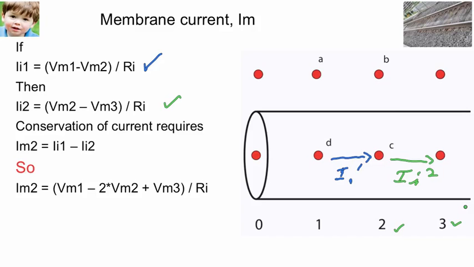Here's the thing. We know that in electricity, current is conserved. If it goes one place, it has to keep on going. It's not created at any one place, nor is it destroyed.